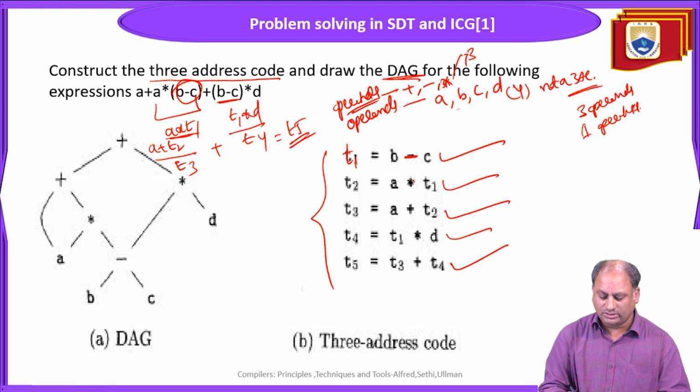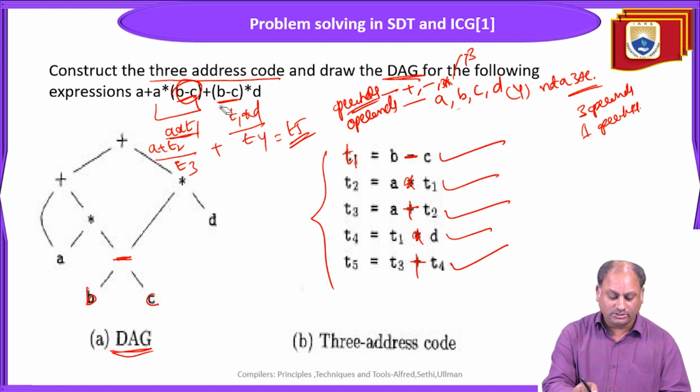For each of these, here is the star operation, here the plus operation, star operation, plus operation. Now for the directed acyclic graph representation, b minus c is considered with minus as the internal node, and b and c are the operands.